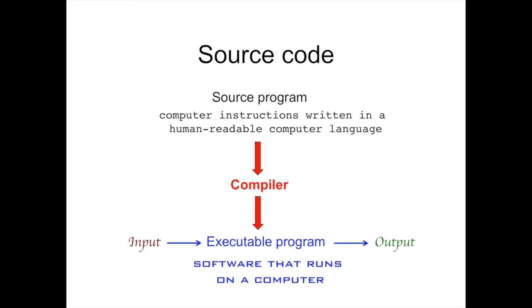And then as shown in this red arrow, a compiler program translates that human readable development, like the blueprints of the software, into an executable program that you actually run on a computer or like on an iPhone. Those are executable programs that are running. And that's what we test.